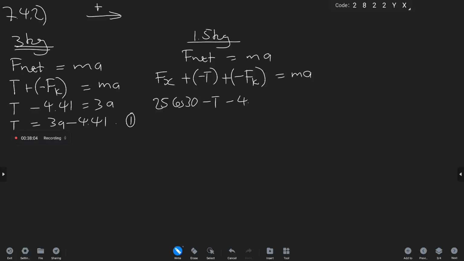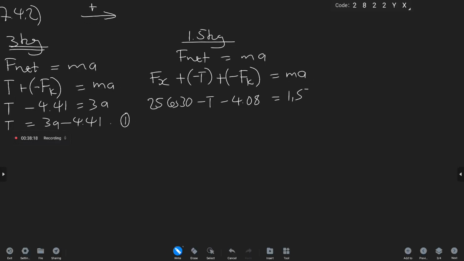And of course that will be equal to the mass, which is 1.5, times the acceleration, which is a. Moving forward, we then simplify and at the end make T the subject of the formula.